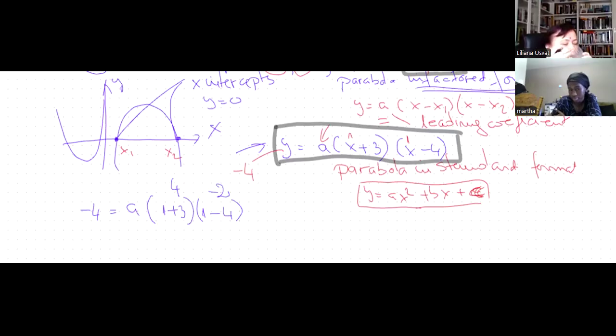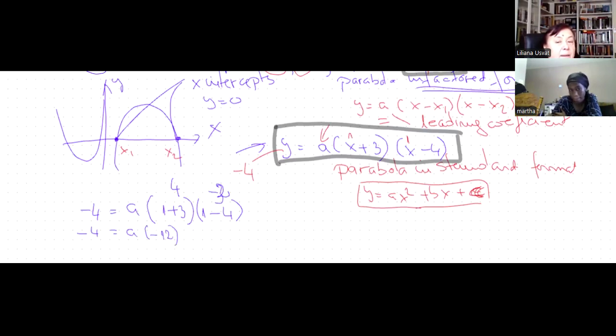So -4 equals a times 4 times -3. 4 times -3 is -12.